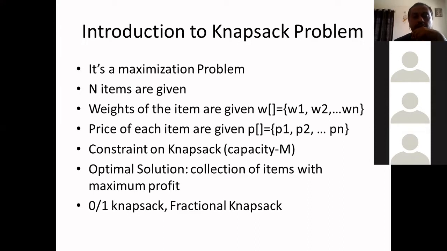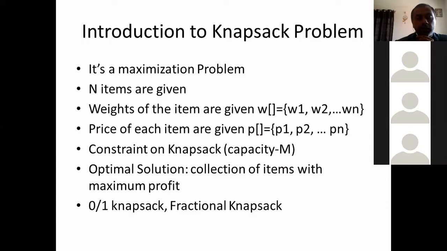We have come across two types of knapsack problems earlier. One is called 0-1 knapsack and the other is called fractional knapsack. The one we discussed in the greedy technique, solving the knapsack problem using the greedy technique, was fractional knapsack.